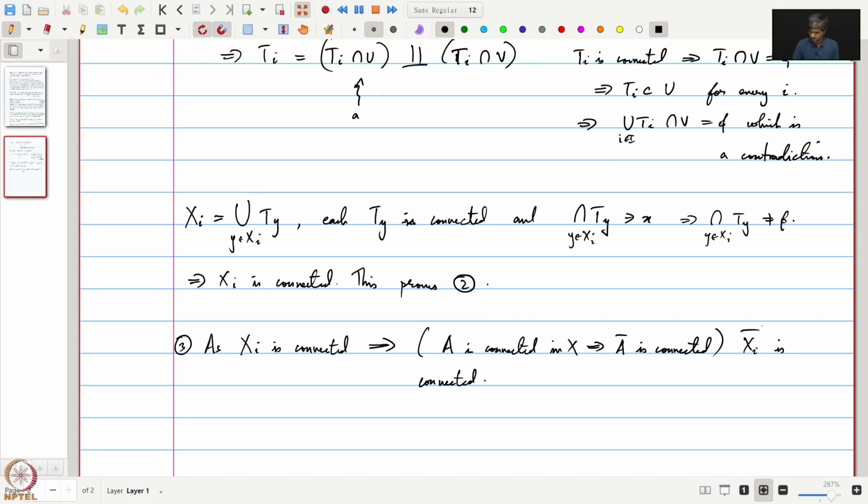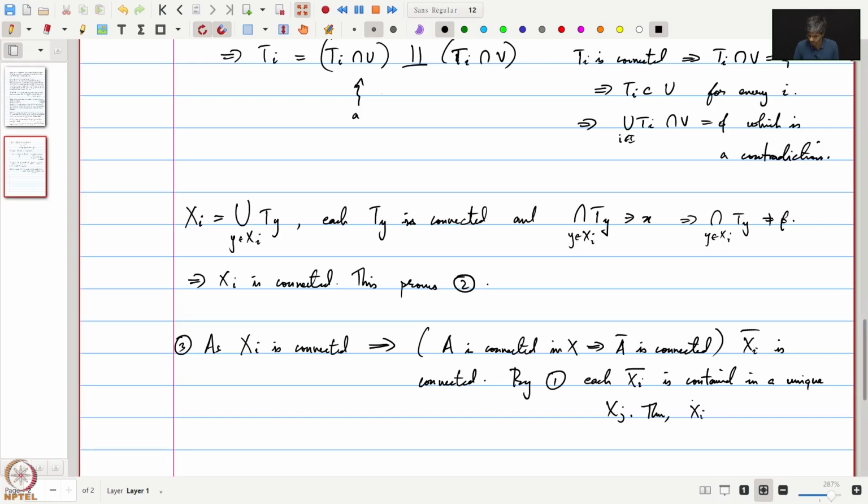Right? But by part 1, each Xi closure is contained in a unique Xj, right? But then this Xj has to be Xi because Xi is contained in Xi closure.